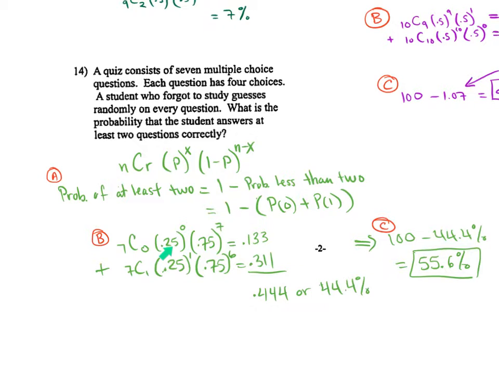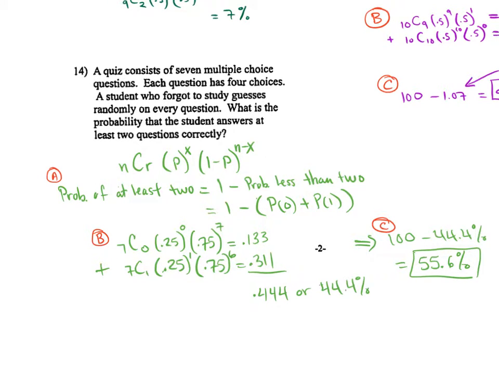So that's 0.25 raised to the 0, and then 0.75 would be the probability of not getting it correctly. Because if there's 1 correct answer, that means there's 3 incorrect answers. That's 3 out of 4, which is 75%, or 0.75. That 0.75 is raised to the 7th power. We put that in the calculator and we get 0.133.